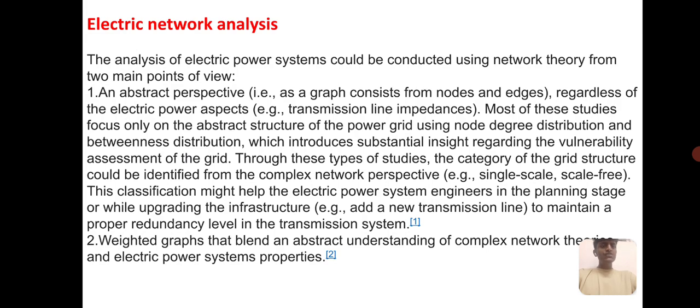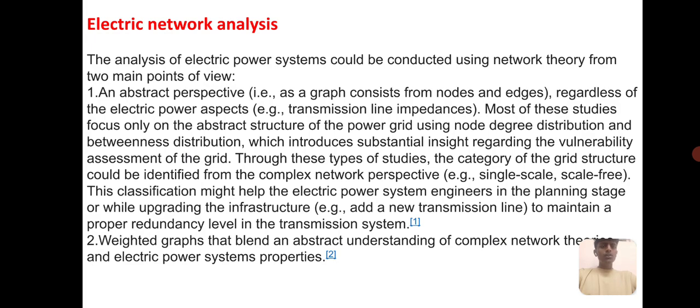The classification might help electric power system engineers in the planning stage, or while upgrading the infrastructure, for example adding a new transmission line to maintain proper reduction levels in the transmission systems.